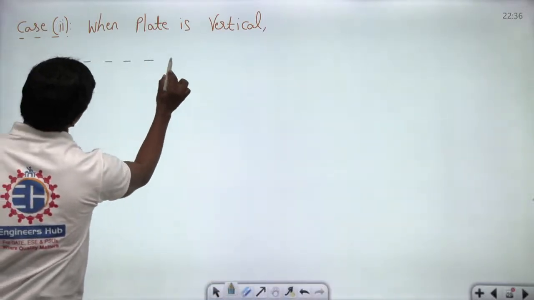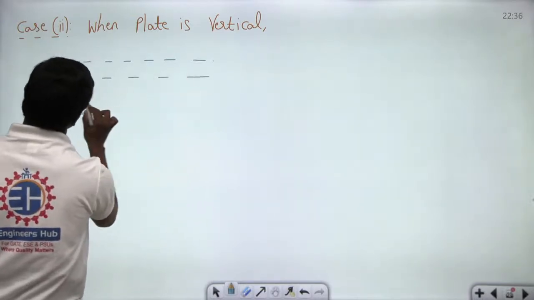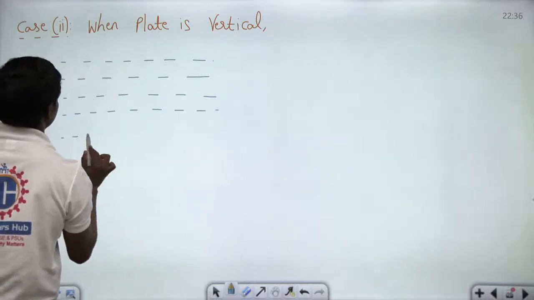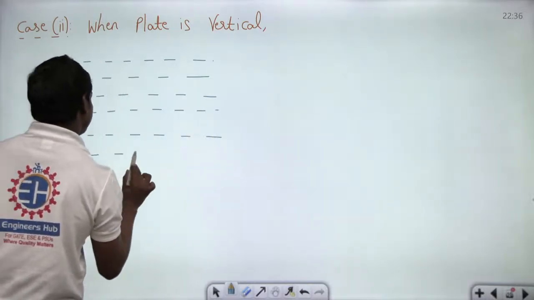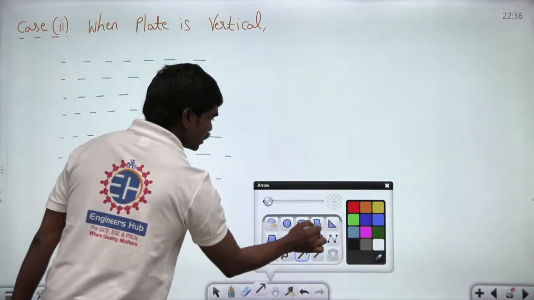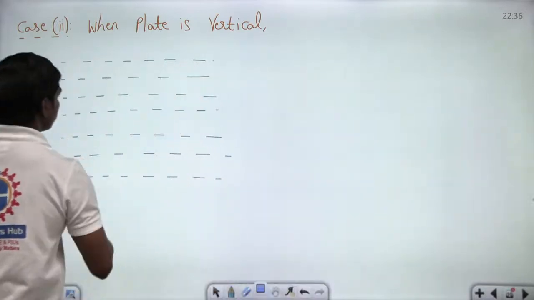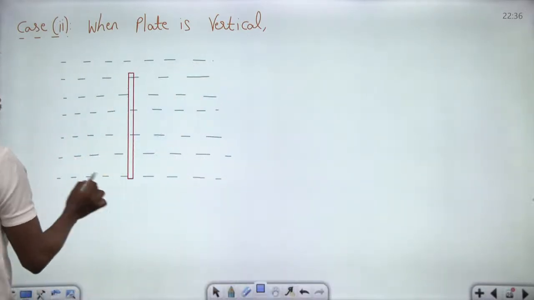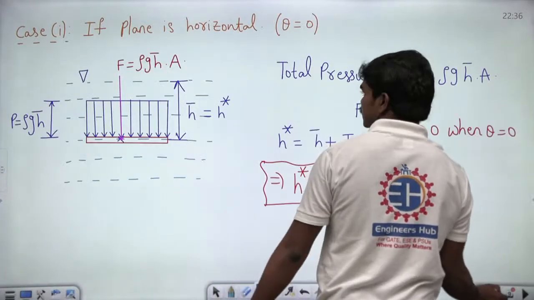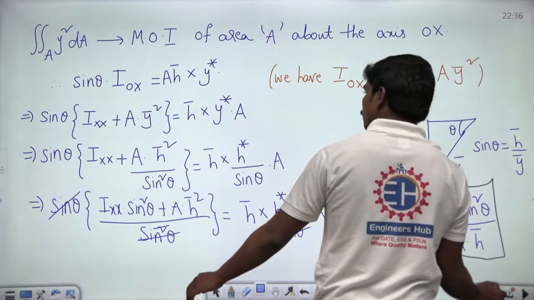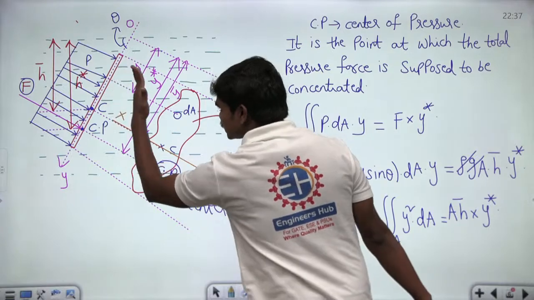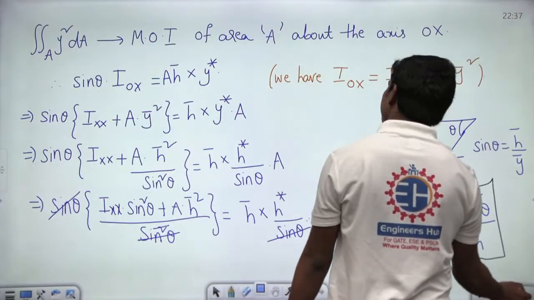Look here, if this is your free surface again, then let us suppose this plane is at an angle of 90 degrees, means now it is vertical, because this is the angle theta which we have defined here. So, if theta is equal to 90, this plate which is initially at some inclination gets straightened, correct. So, basically this will stand vertical.